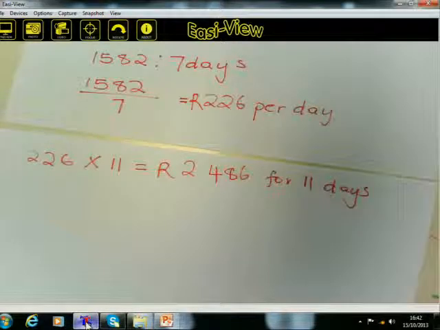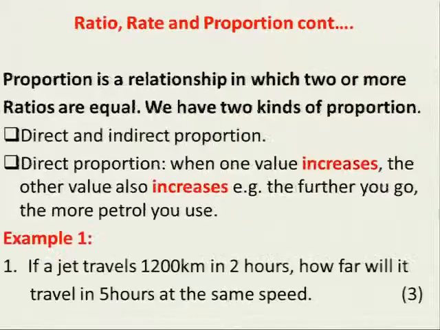Let's move to our next topic. We are through with the ratio and rate, and now we are doing proportions. A proportion is a relationship in which two or more ratios are equal.